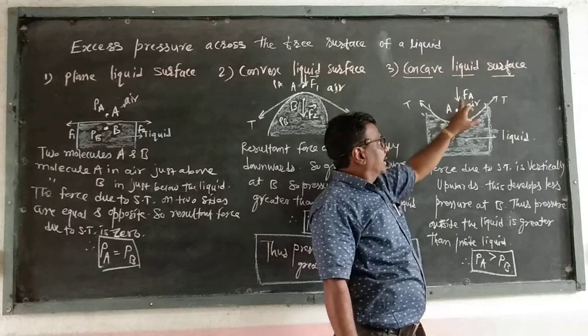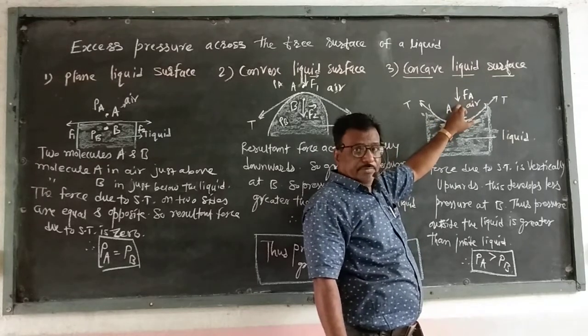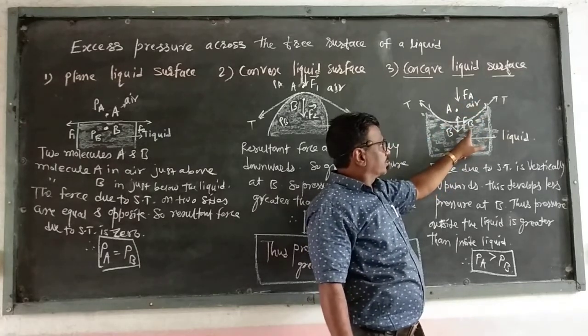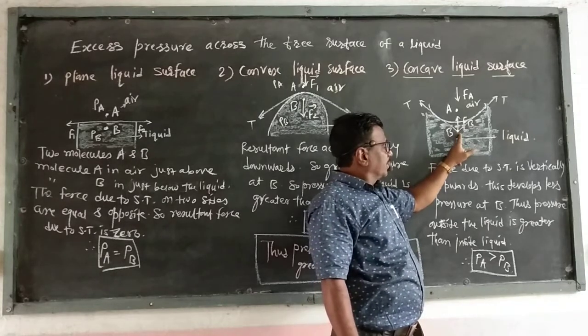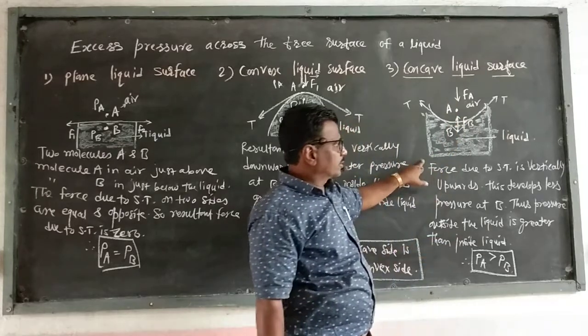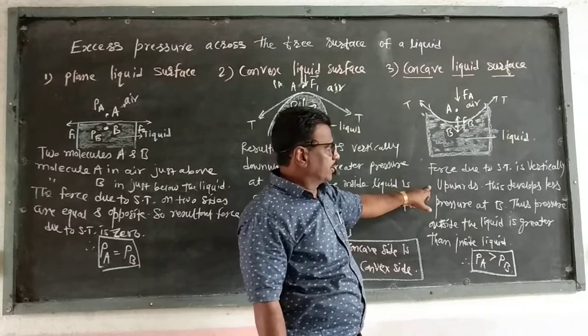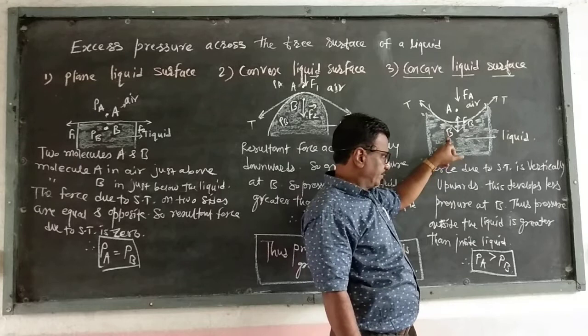Now the force acting at molecule A, which is vertically downward here, is represented by Fa. And the second force Fb, in the liquid for molecule B, is acting in the upward direction. That means the force due to surface tension is vertically upwards. So this develops less pressure at point B.